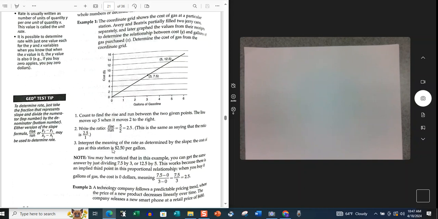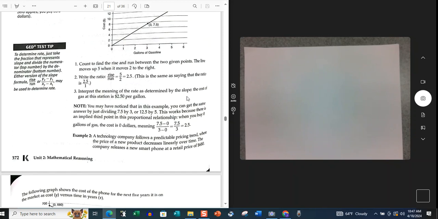The cost of gas at the station is $2.50 per gallon. So that means this is 2.5 per 1 gallon, like we would have here with the fraction. But since we're not showing the fraction and we're using dollars, this would be $2.50 per 1 gallon, or per gallon.